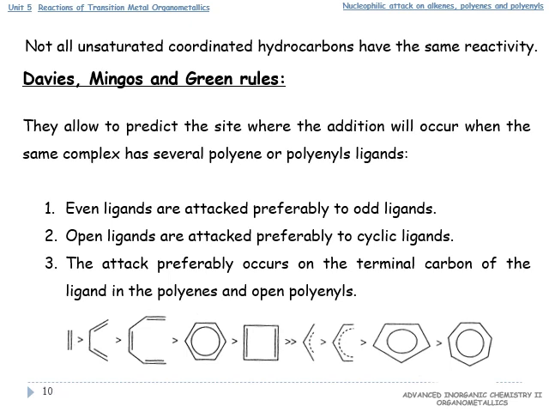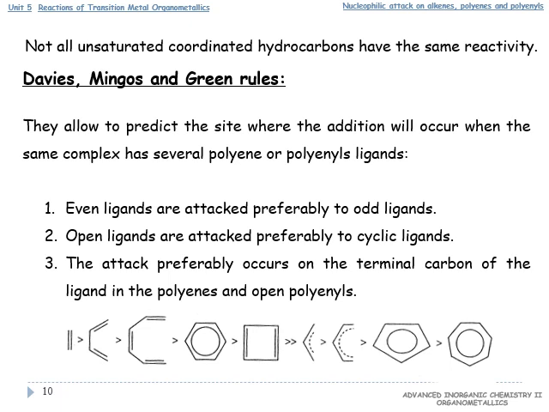Rule 1 says that alkenes and polyenes, that is, even ligands, are attacked preferably to alkenyls or polyenyls, that is, odd ligands. Rule 2 says that open ligands react before closed ones.